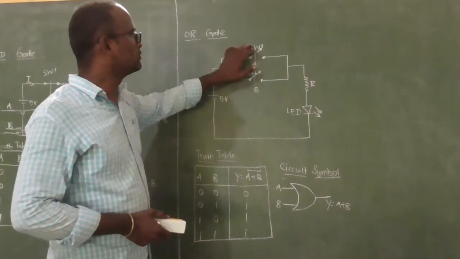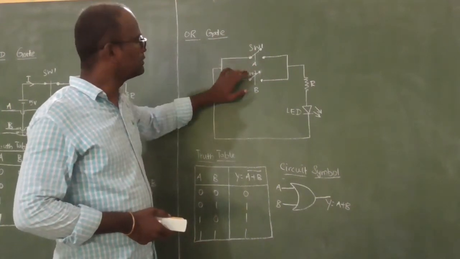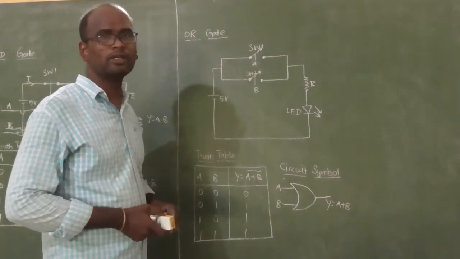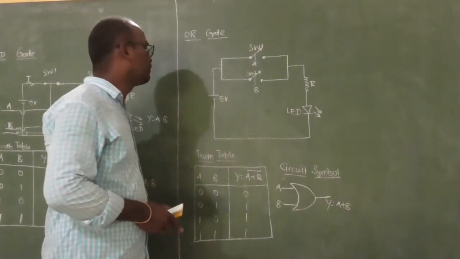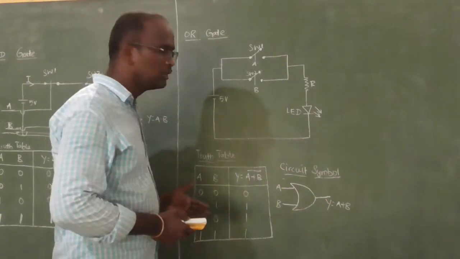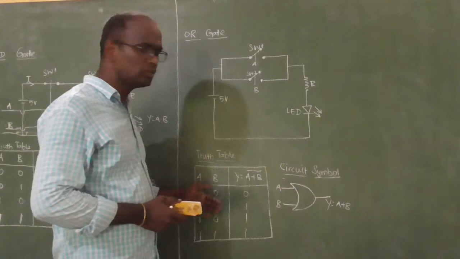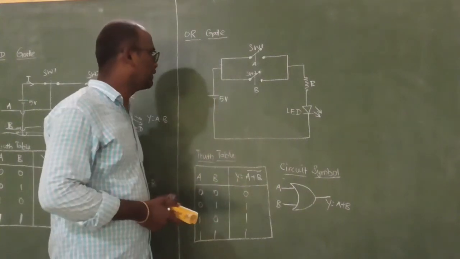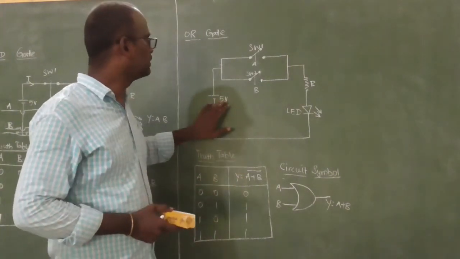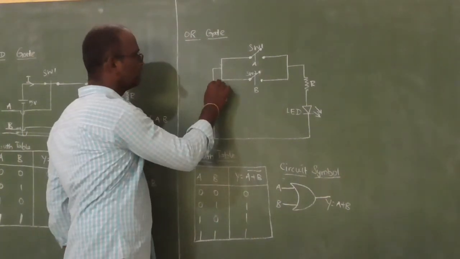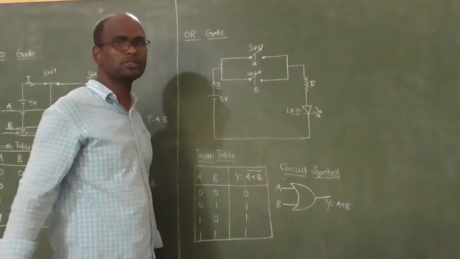Okay, the switch 1 and switch 2 are both connected in parallel combination, so that we can get the logical operations according to these two tables. Okay, here we are applying the 5-volt battery so that the main current will enter into the parallel combination.